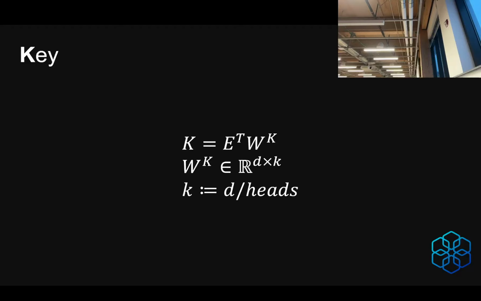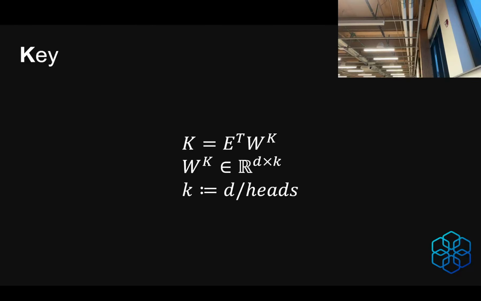The way we create our key is we take the embedding and multiply it by some parameter matrix W. There is a separate weight matrix for the key, the query, and the value, so they're going to be doing separate things. The shape of that matrix is the dimension of our model times k.